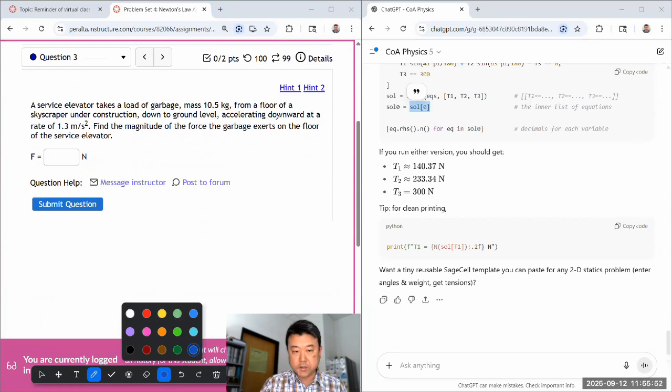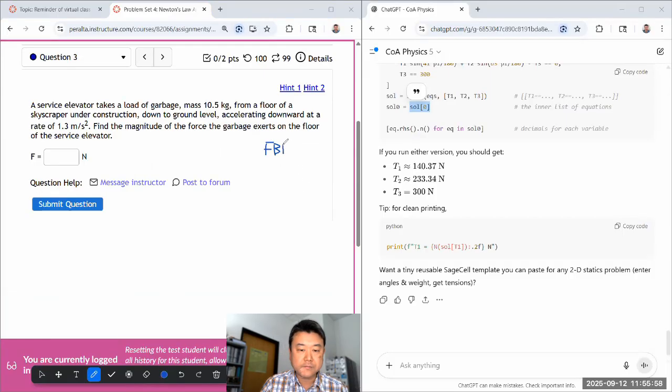Reading this question, let's say someone who's studied knows how to draw a free body diagram. So you draw some mass, accelerating downward at 1.3 meters per second squared.